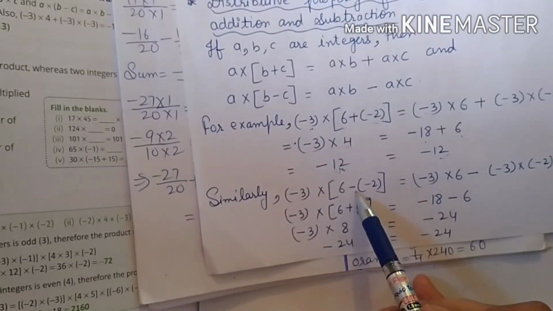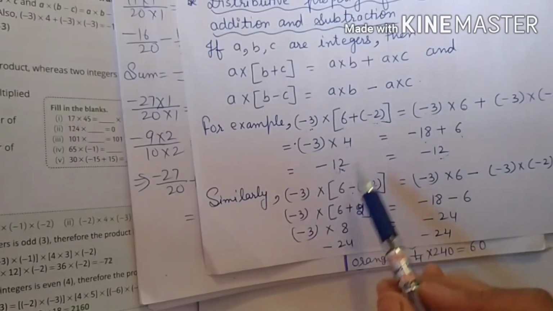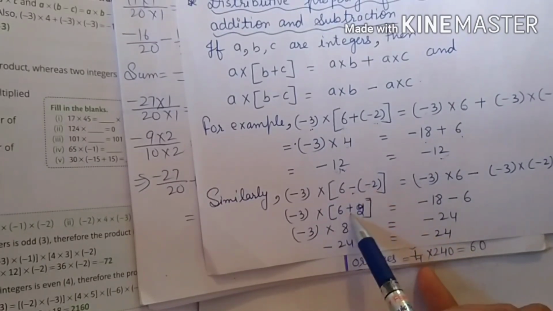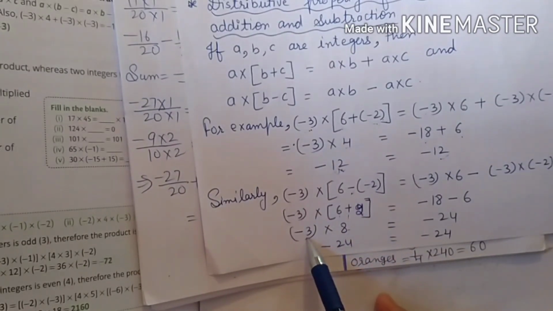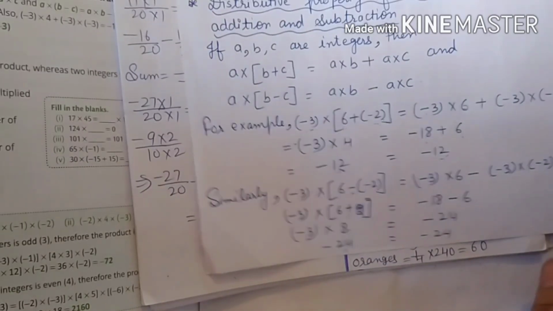And similarly, if a subtraction sign is there, the numbers are the same, but here the sign is minus. So negative negative is positive, then you add 6 plus 2, 8. Then 8 multiplied by -3 is equal to -24.